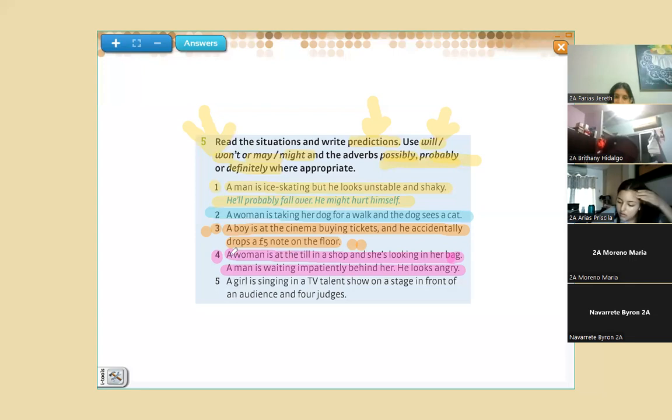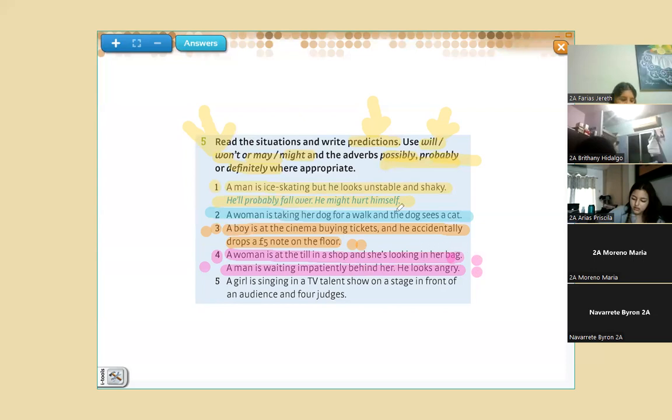Number 4, and give me your answer. I need you to read the number 4 and later your answer. A woman is at the tills in a shop and she's looking in her bag. A man is waiting impatiently, but he looks angry.